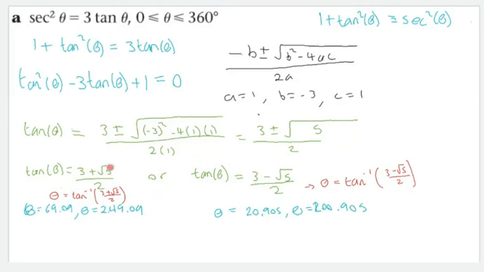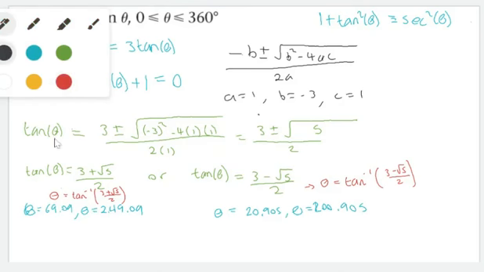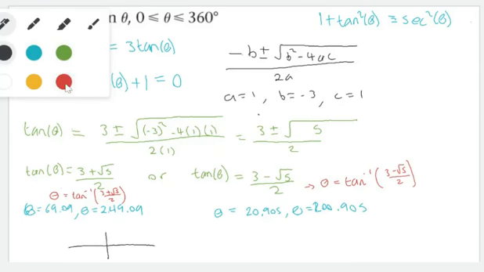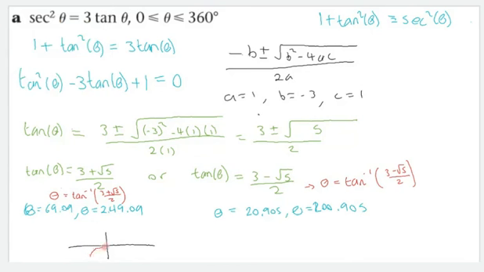But how do you get the other values, 249.09 and 200.905? By drawing a tan graph, and quite nicely, tan is the easiest of the graphs out of sine, cos and tan, I personally think.